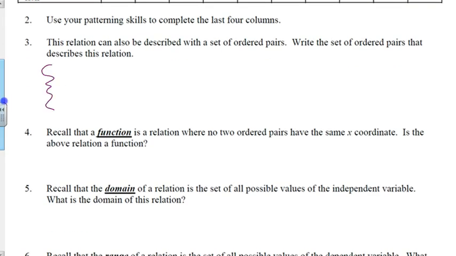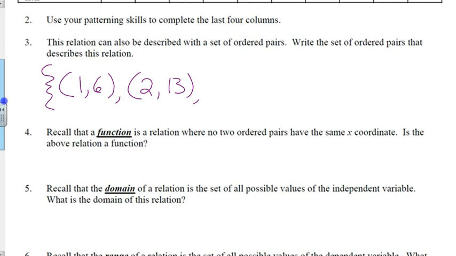It's a set, so you use a brace bracket, right? It's a set of ordered pairs. How are we going to write the first ordered pair? 1, 6. Then, okay, and so on. You're just going to write out each ordered pair from the table, using set notation, right?